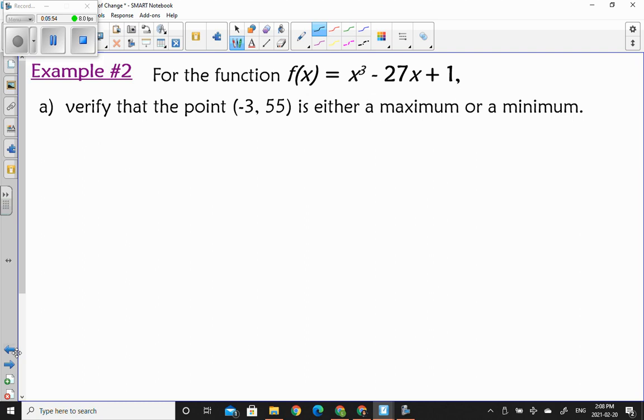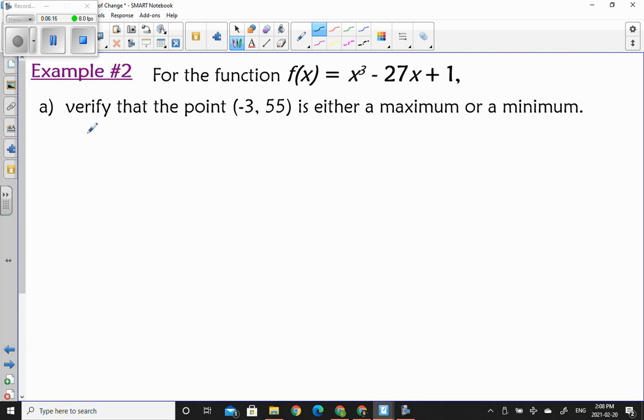Okay, we have an example here. For the function f of x equals x cubed minus 27x plus 1, verify that the point (-3, 55) is either a maximum or a minimum. So it doesn't ask us if it is a maximum or a minimum. It's just that it is either of those two.